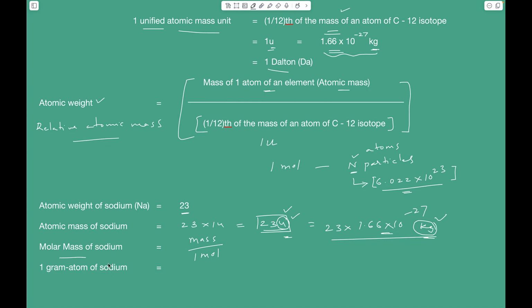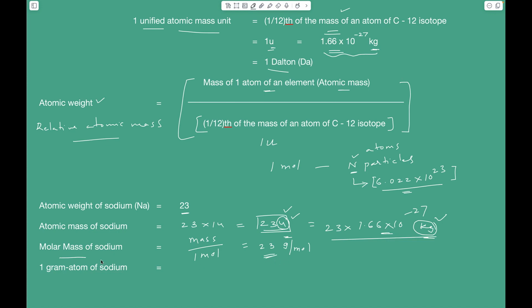So in case of sodium, the molar mass of sodium atoms will numerically be equal to its atomic weight, that is 23. And because it is the ratio between mass and the amount of substance, it will have the unit gram per mole. So we picked this particular value for Avogadro's number for this convenience.